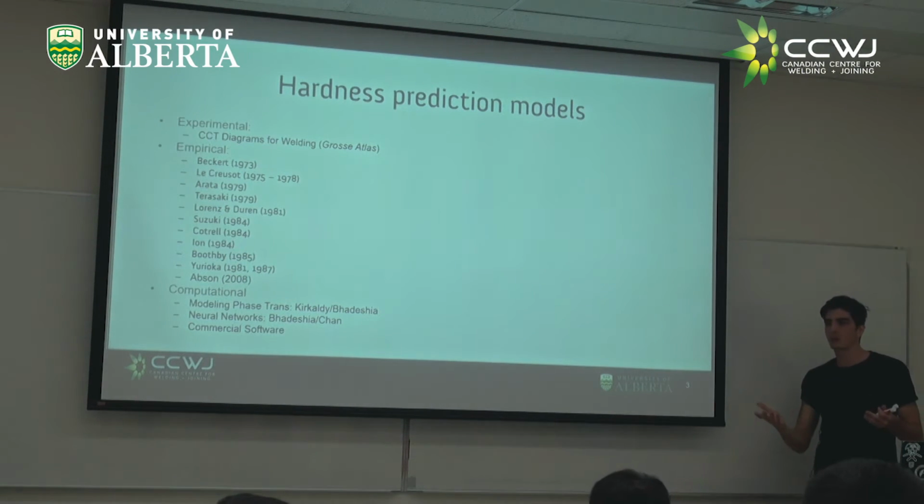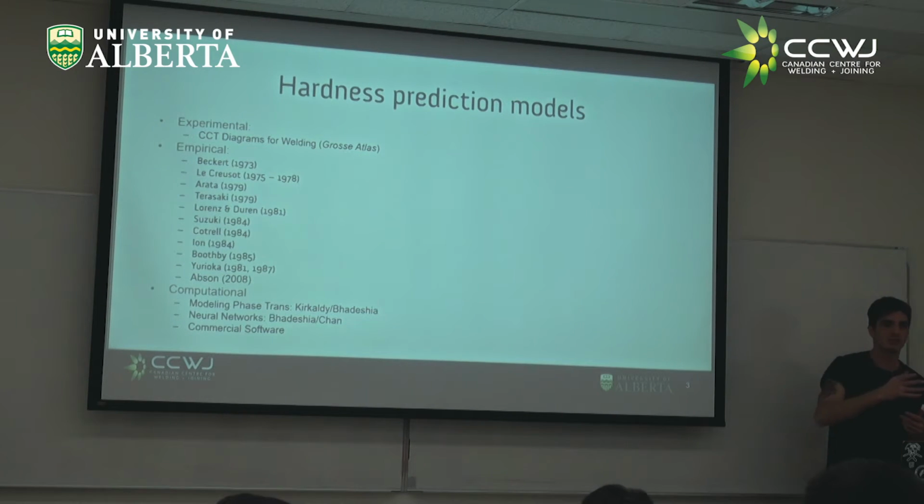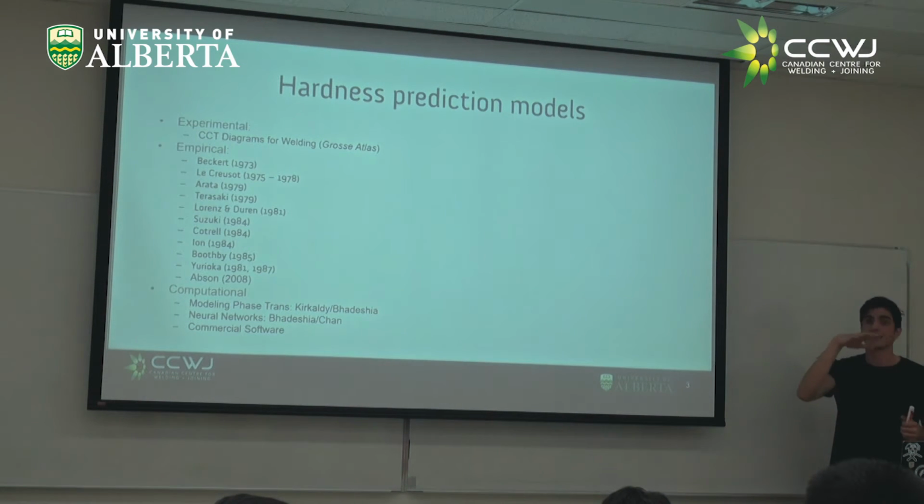So normal heat treatments, depending on the alloy, can be done at 900 Celsius, 950, maybe 1000, but they're not going to go up to 1300, 1400, right? So heat treatment CCT diagrams are usually what they call austenitized at 950 or 1000 Celsius.